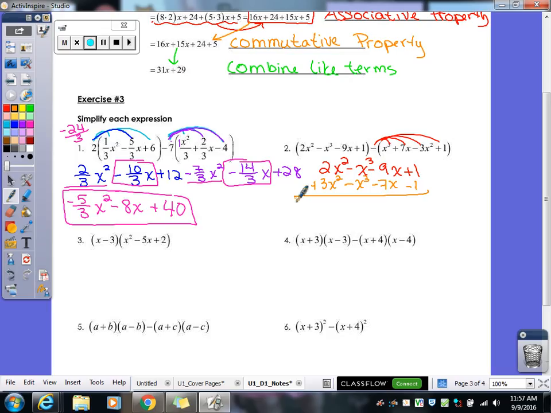So all I did is I changed the signs of the second one and I lined up my like terms. So negative x cubed, I put under my other x cubed. Negative 7x, I put under my other x. 3x squared became positive 3x squared. 1 became negative 1.